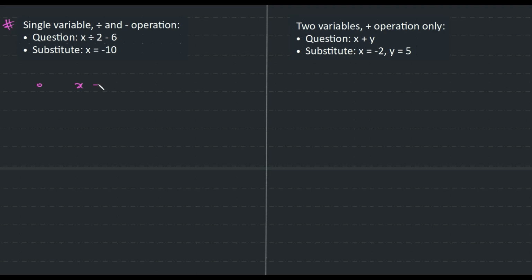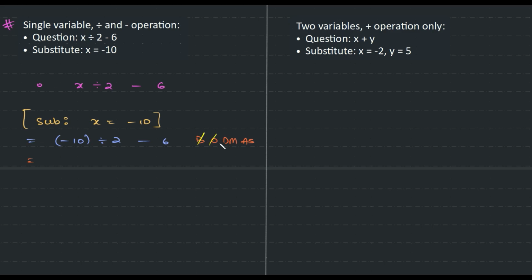So we have x divided by 2 minus 6. We are substituting x as -10. So what we have here is -10 brackets open divided by 2 minus 6. So again BODMAS. There's no brackets.